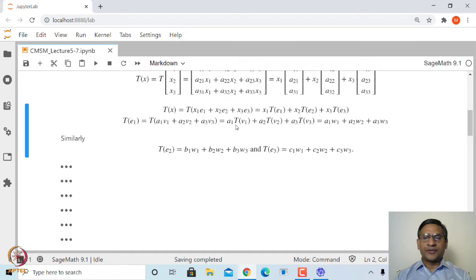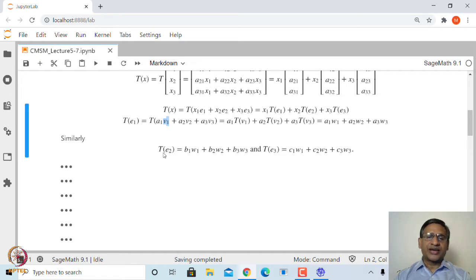So, suppose let us say e1 is equal to A1 times V1 plus A2 times V2 plus A3 times V3, and then T of e1 will be A1 times T of V1, A2 times T of V2 plus A3 times T of V3, which is A1 times W1 plus A2 times W2 plus A3 times W3. Here what are A1, A2, A3? A1, A2, A3 are the coordinates of e1 with respect to basis V1, V2, V3.